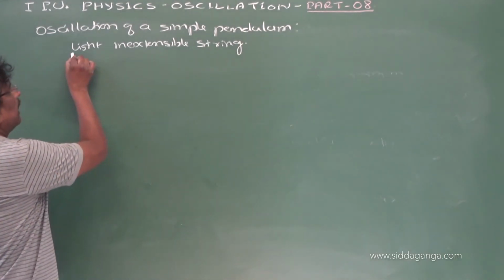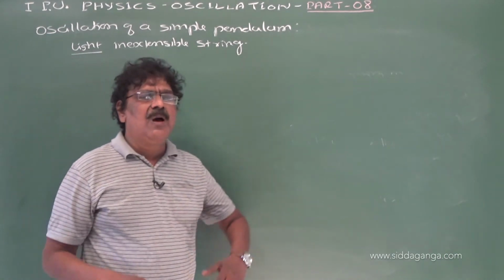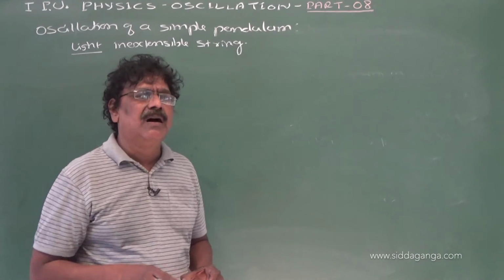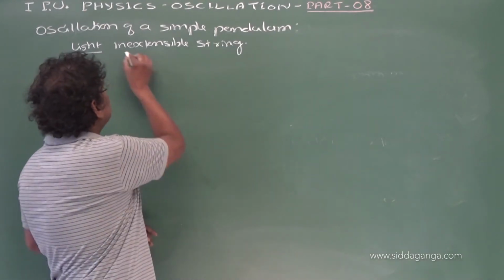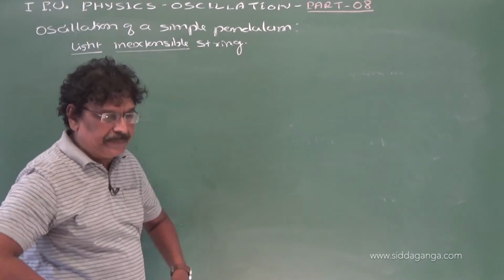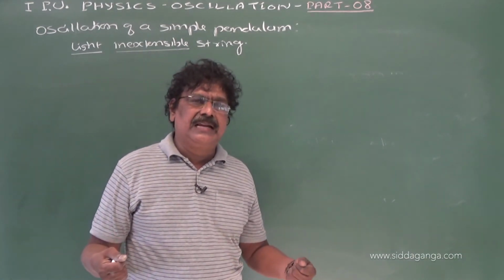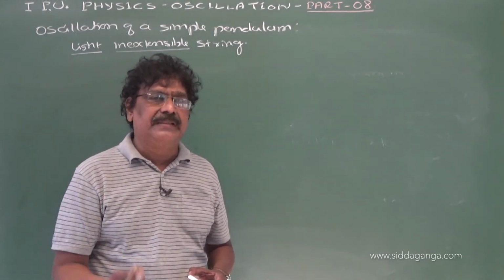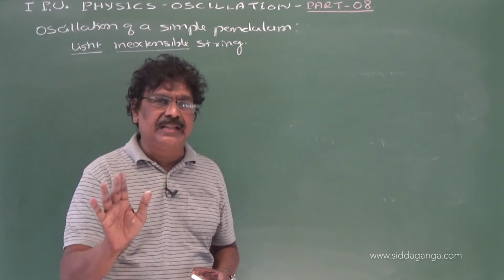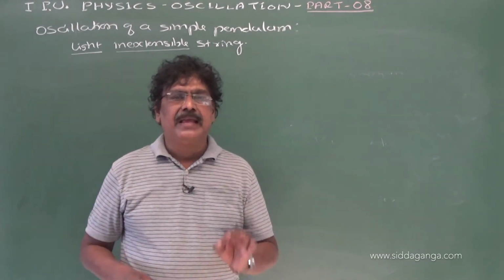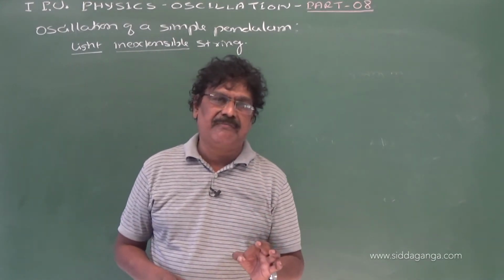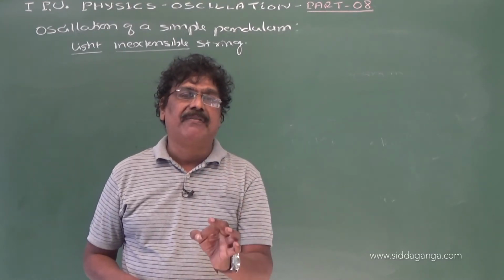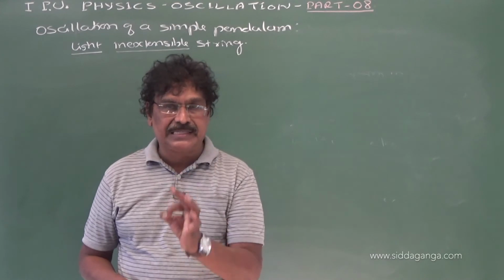Light means its mass or weight is negligibly small compared to the mass and weight of the bob. Inextensible string means, generally when a string is stretched, slightly there is an increase in the length, but here under the weight of that bob there is no extension in the string, right. So clearly a simple pendulum consists of a metallic bob suspended by means of a light inextensible string.